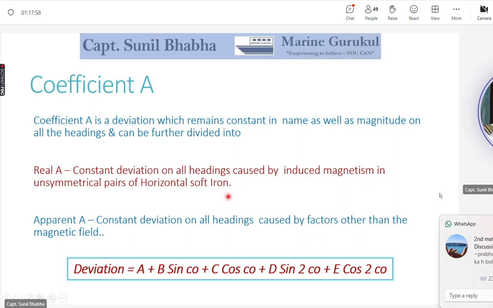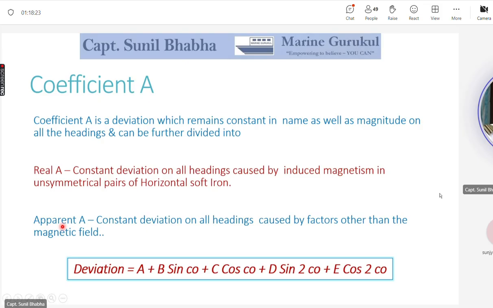I will explain this to you in detail by showing this kind of structure in the diagram. So for now, just understand it is caused by induced magnetism in unsymmetrical pairs of HSI, horizontal soft iron. So the cause of real A is the horizontal soft iron on board.